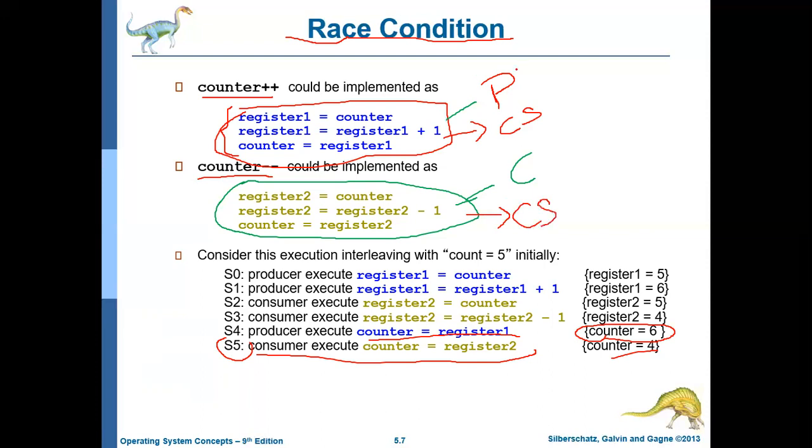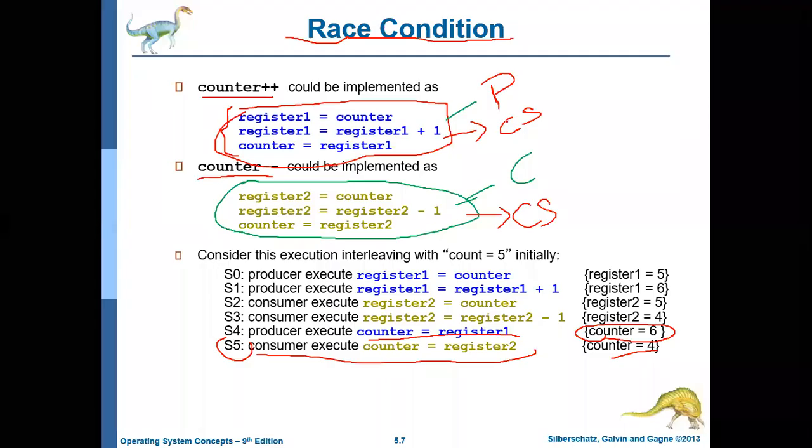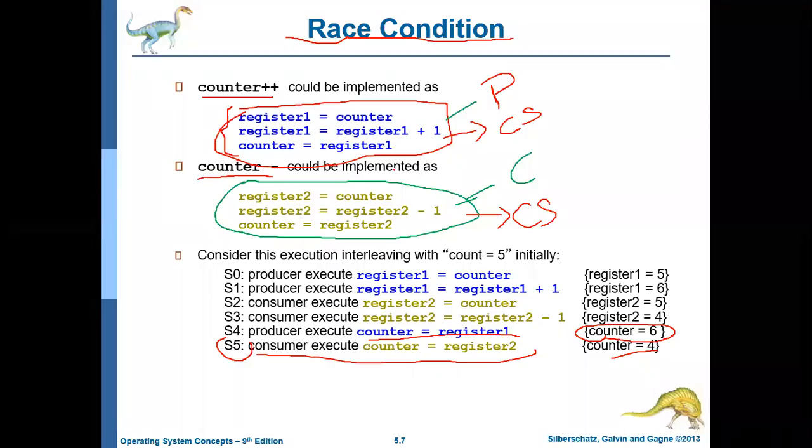The part of the code which may create an inconsistent result in a particular process is called the critical section.